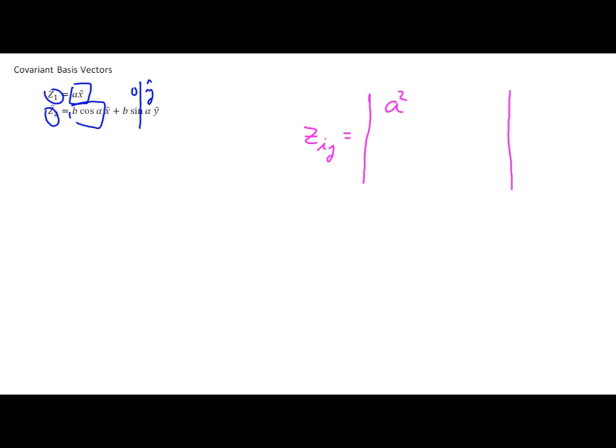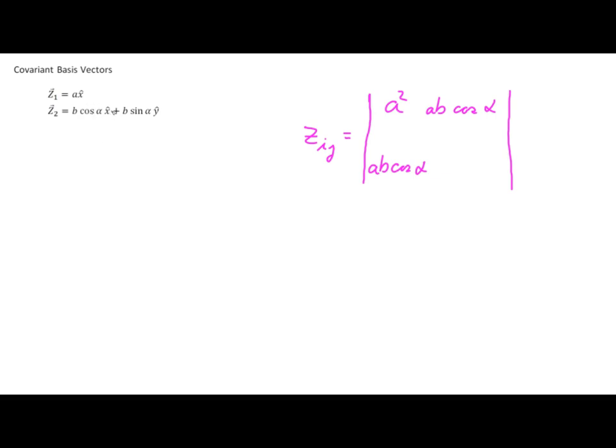So we wind up with ab cosine alpha. Now because the tensor is symmetric, z12 is the same as z21, so we immediately know that this is ab cosine alpha.